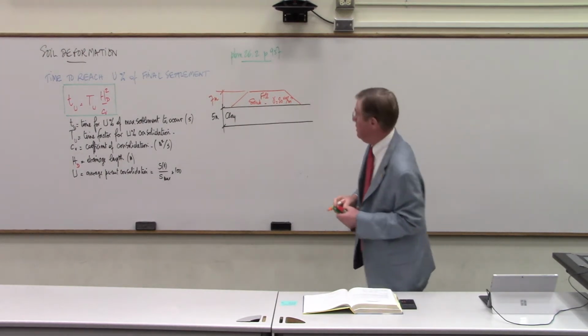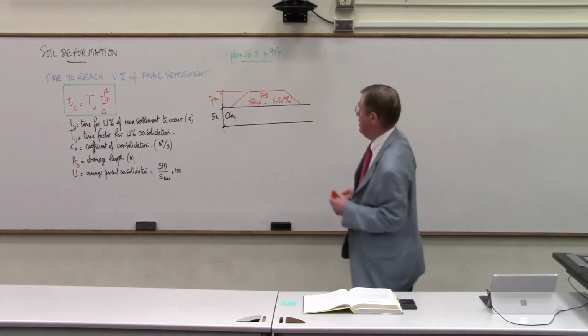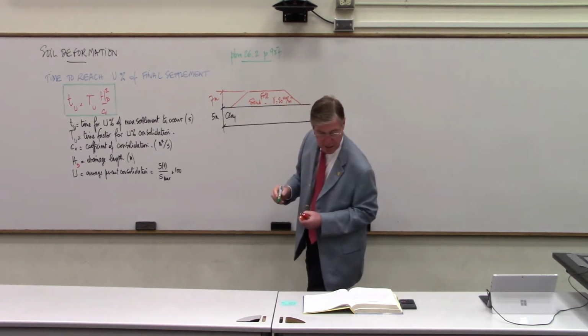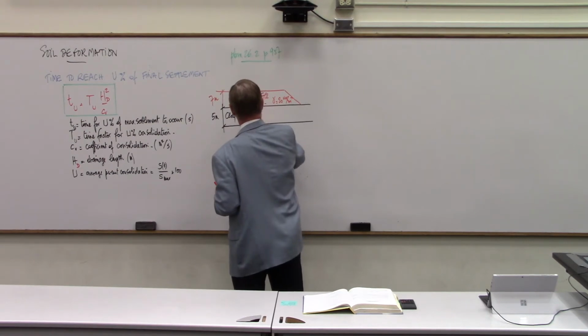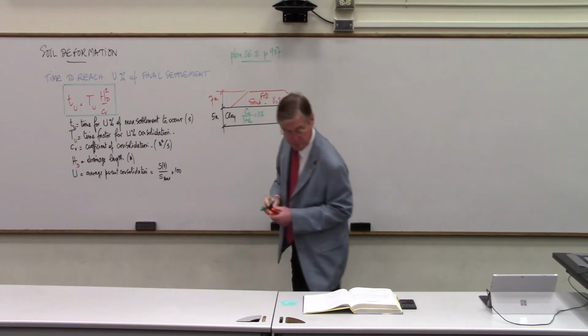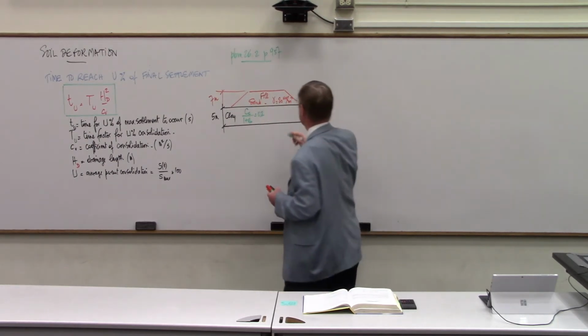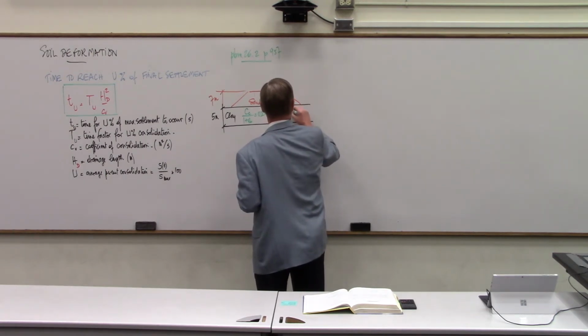The clay has the following properties. As I said, it's 5 meters thick. It has a Cc over 1 plus e0 equal to 0.2. It has a unit weight equal to 18 kilonewtons per cubic meter.